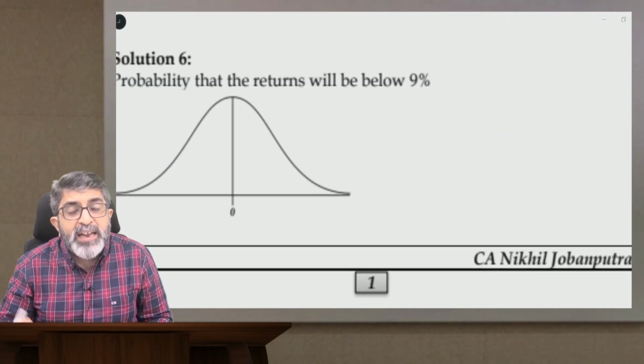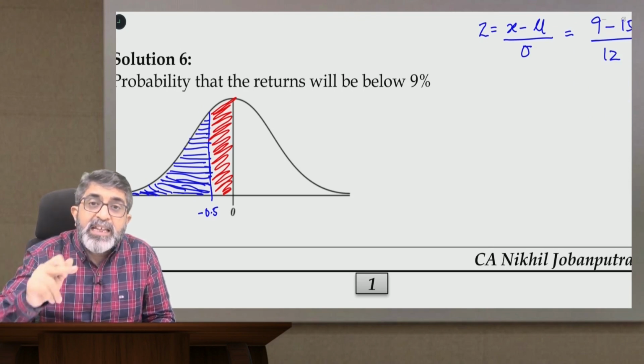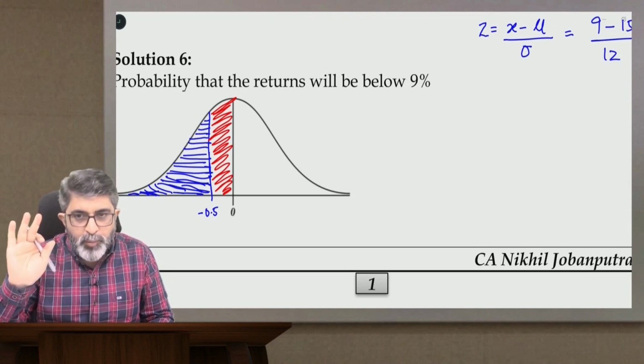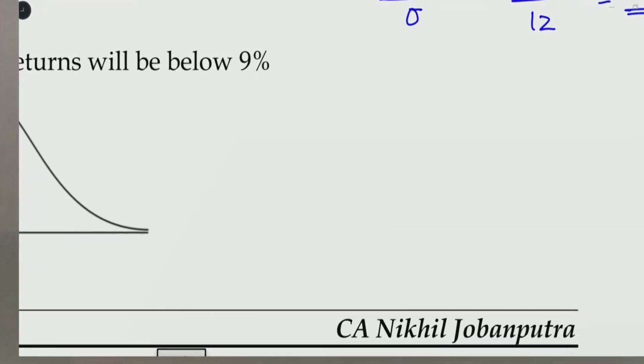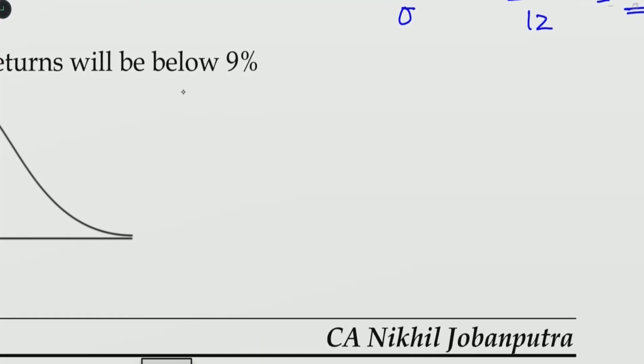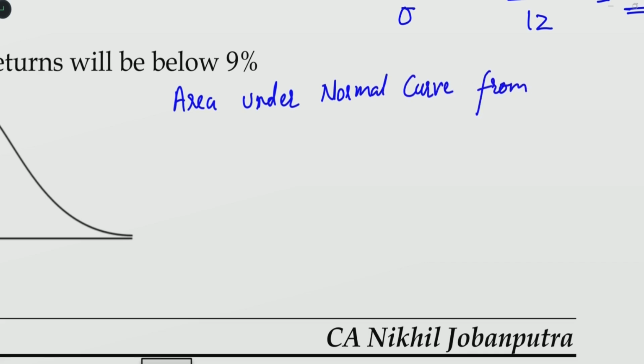But I am not going to write area from 0 to 0.5, I will write area from 0 to negative 0.5. So, let me write that thing and let me expand the screen size for your reference. So, I will write here area under normal curve from z equal to 0 to z equal to negative 0.5 equals to, just let me refer to that area.